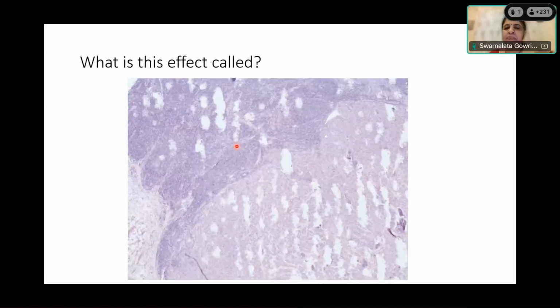What is this? When does this happen? When the sections are taken very thin? No. This happens because when they are trimming the block and your technician is in too much of a hurry, and they do it very fast, then these holes start appearing in your section.